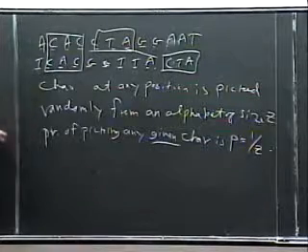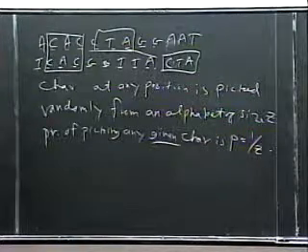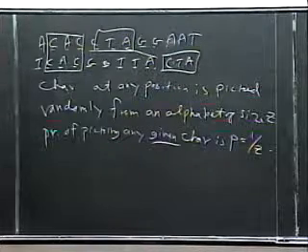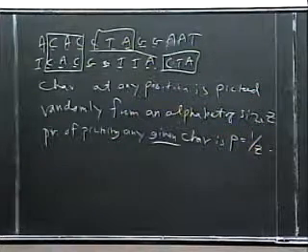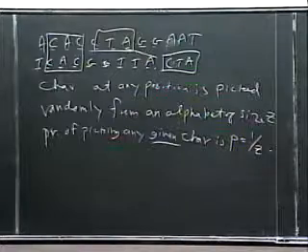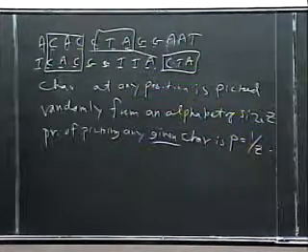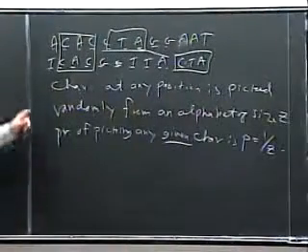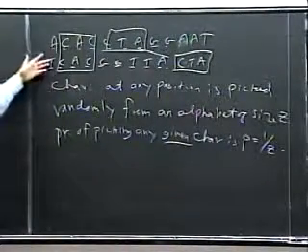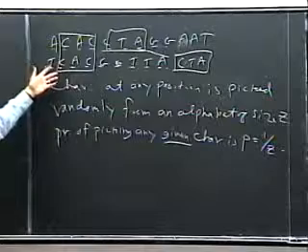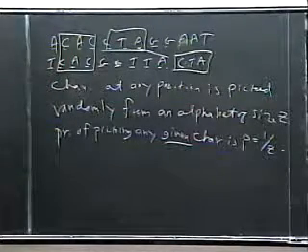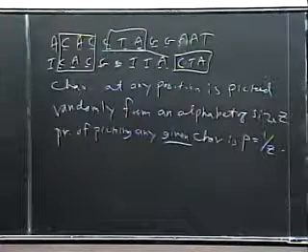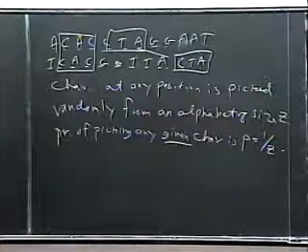Okay, last time we argued that the expected length of the longest common substring is going to be less than or equal to the expected length of the longest common subsequence. Because for any two strings you give me, a substring is a subsequence. So the longest common substring is certainly a candidate for the longest common subsequence.